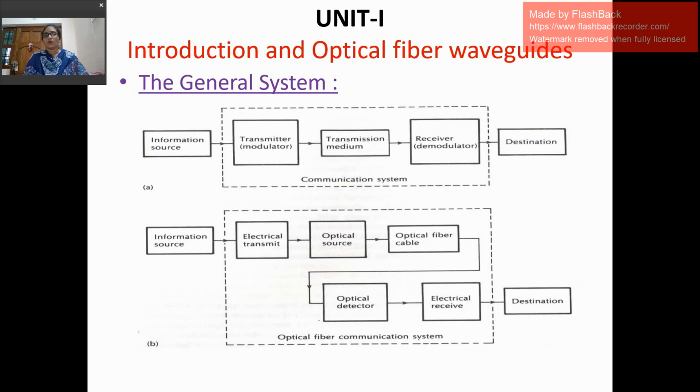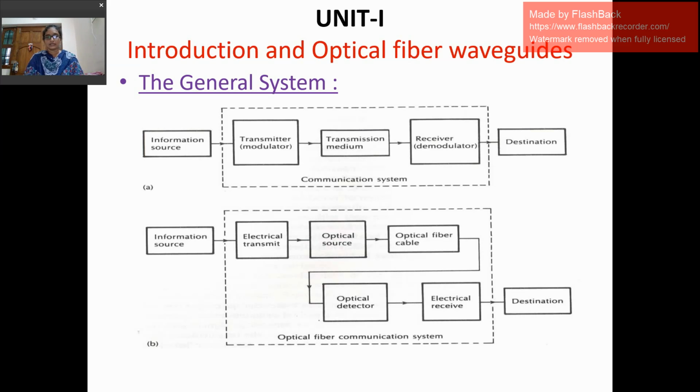What is the main difference between the general communication system and the optical communication system? We are using an optical source, optical cable, and optical detector in the optical fiber communication system. Here, the information source is in the form of audio and video signals, which are non-electrical signals only.